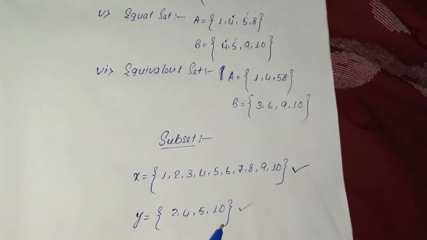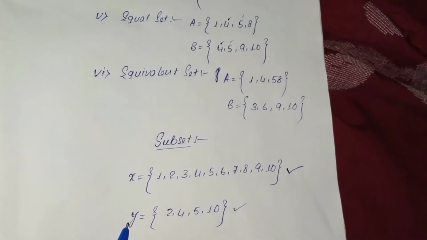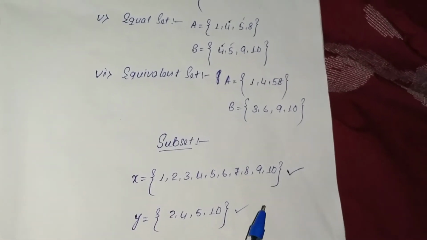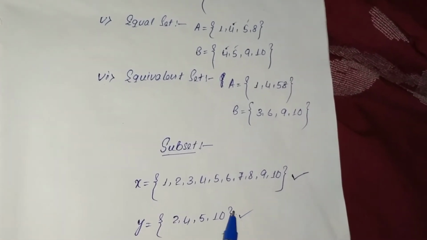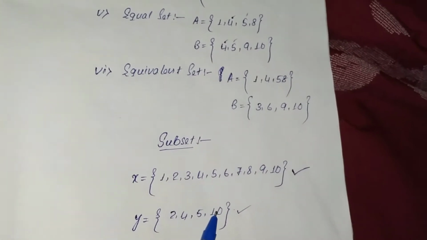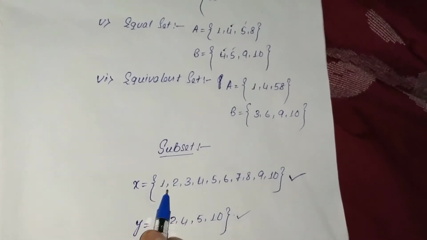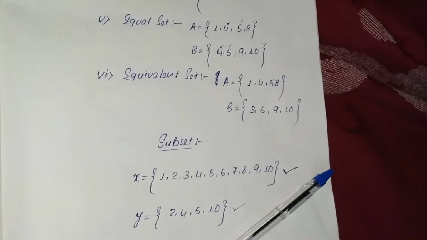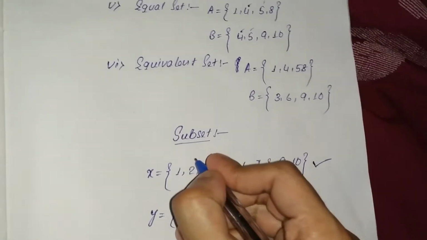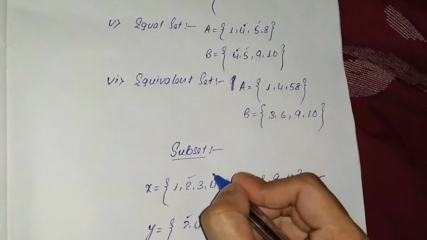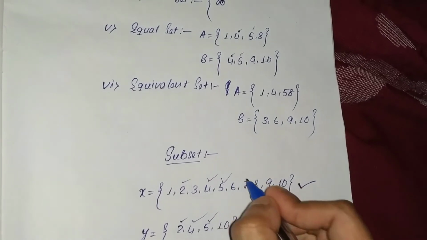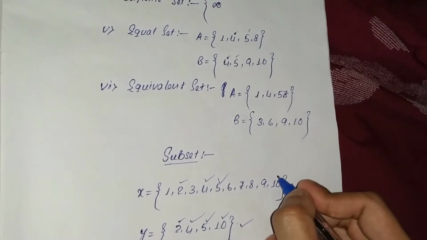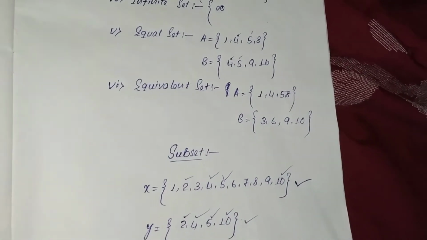The smallest set's elements all exist in the biggest set. 2 exists in the biggest set, 4 exists in the biggest set, 5 exists in the biggest set, and 10 also exists in the biggest set.